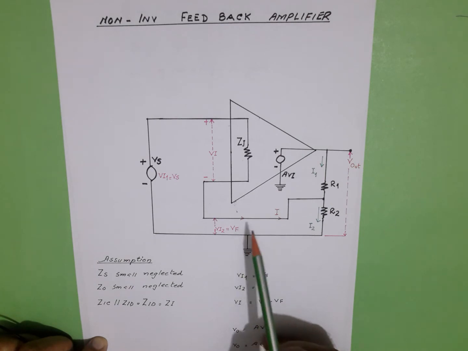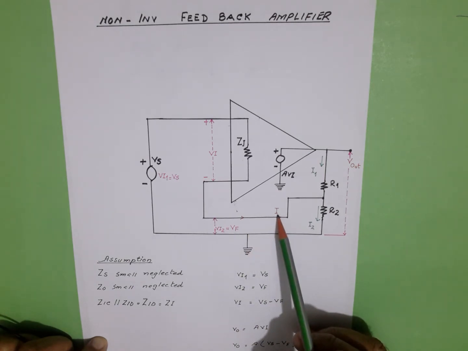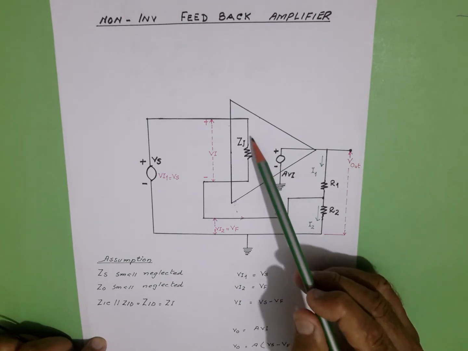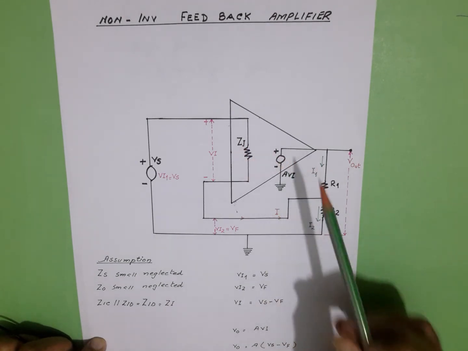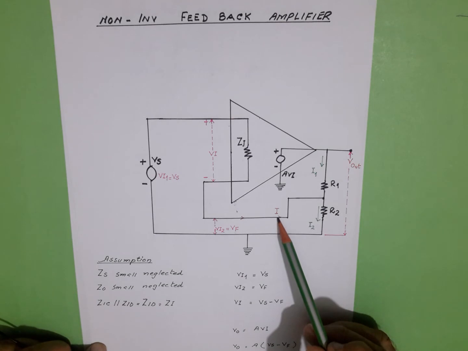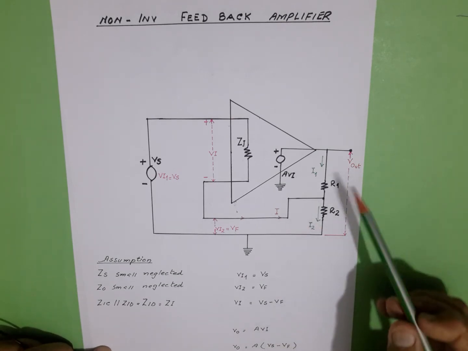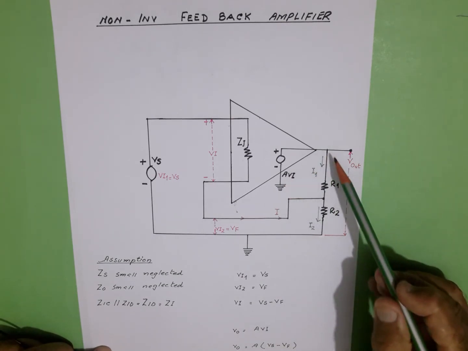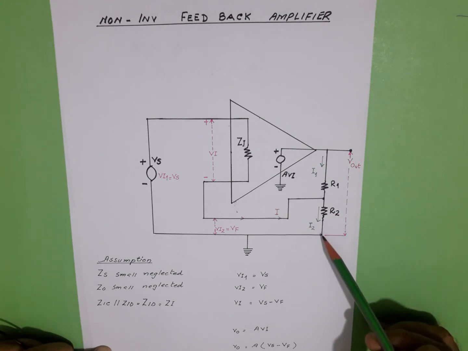There is another current flowing which is I with the pink color, and this is so small. Why? Because the Zi input impedance is very high. The input current I can be neglected. There is only one current I1 flowing, and it drops a voltage across R2 that will be utilized as a feedback voltage.